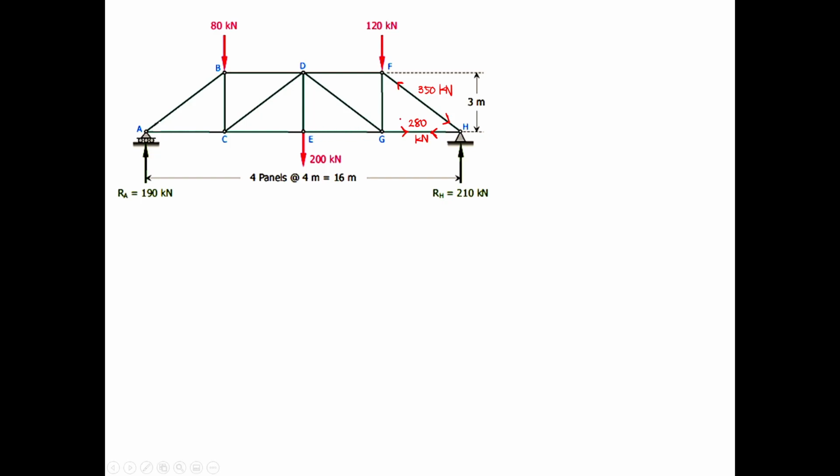So again, as stated earlier in the tips, we're only allowed to deal with two unknown forces. So if you hop into point G, you're going to have three unknown forces, but if you hop onto joint F, you'll only be dealing with two unknown forces, which are member DF and member FG. So we go to joint F.